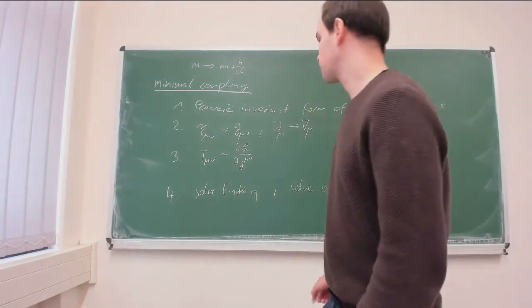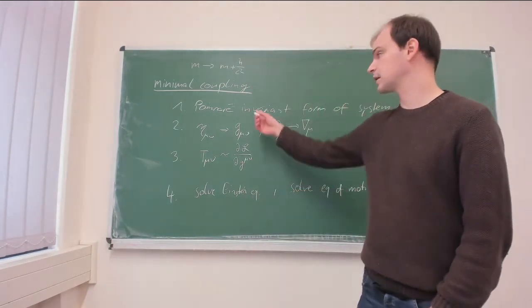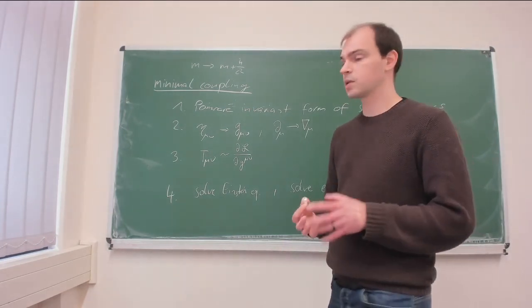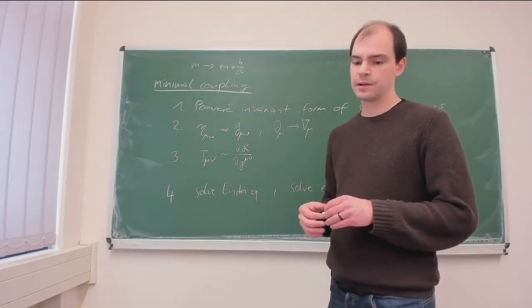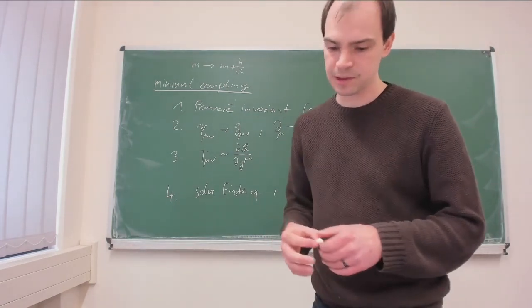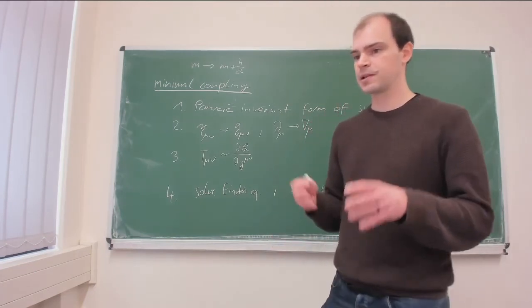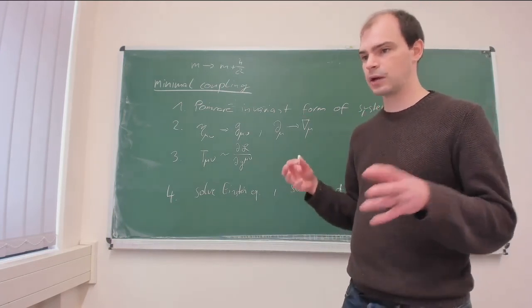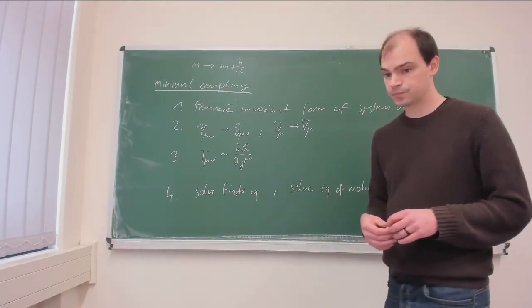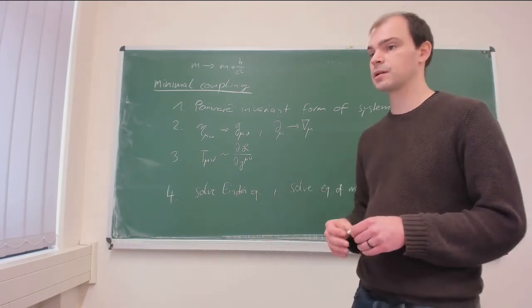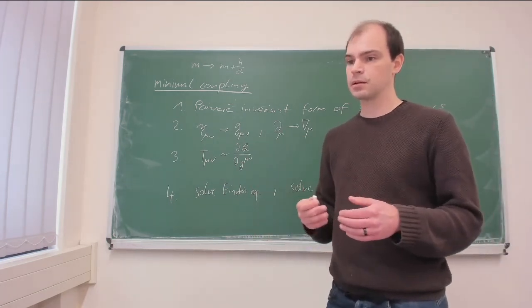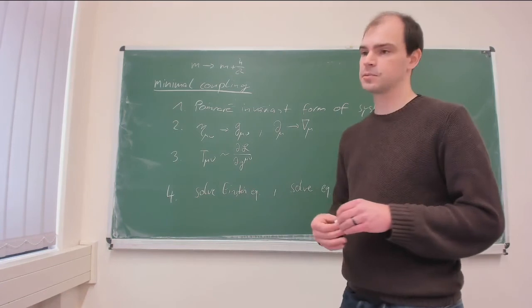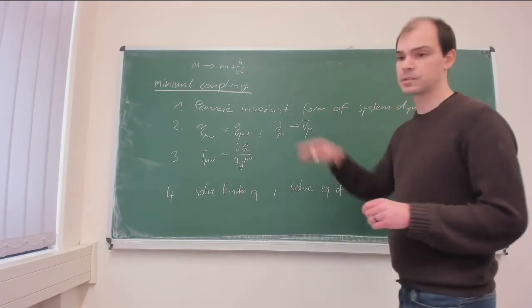But in fact, the problem with quantum mechanics already is in step 1, and it is that there is no such thing as a Poincaré invariant or a special relativistic version of a fixed number of particle quantum mechanics that has interactions. So as soon as you have interactions between particles and you want to have relativistic corrections, you always get particle creation and annihilation, and that's why essentially you need quantum field theory to describe these types of processes.